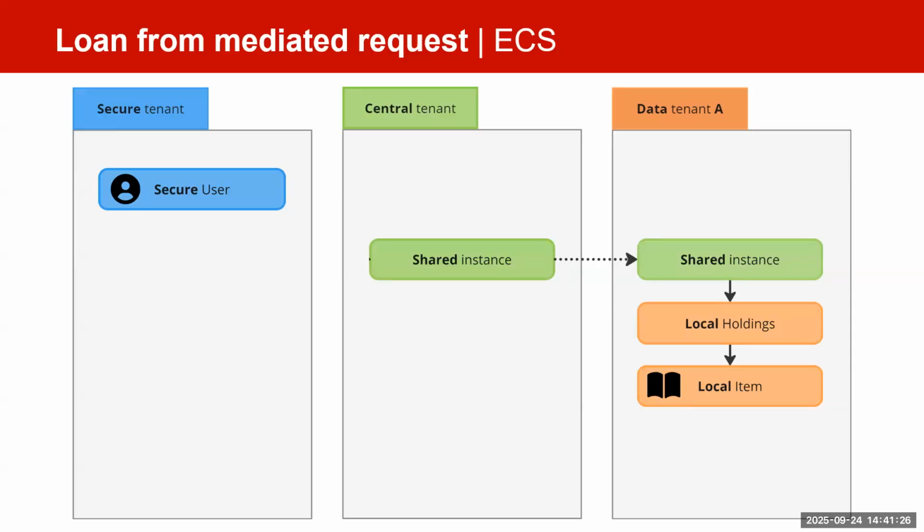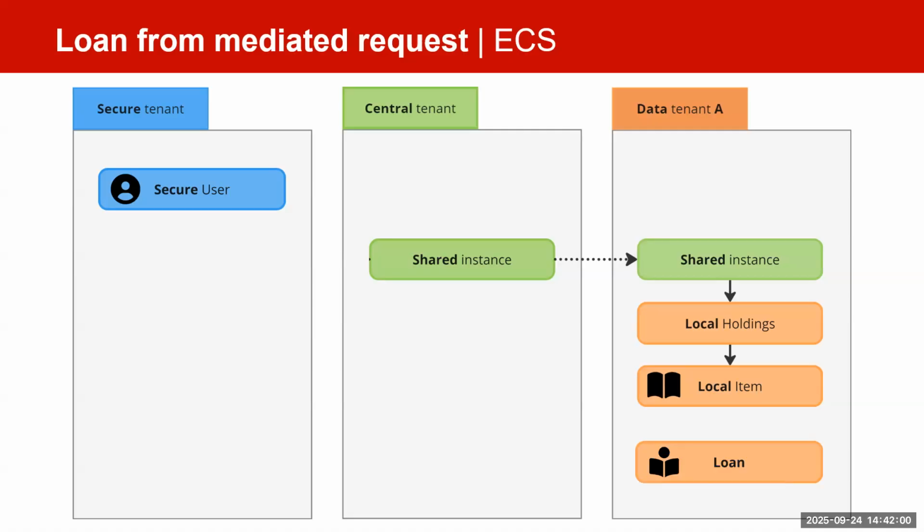However, the way that it is set up, there is an instance from the central tenant that is shared with all of the other members in that ECS. And so what happens in this case, there is a member or a data tenant on the right here that has the holdings and the items record that is of interest and that somebody could do a mediated request for that would then in turn generate a loan when you get to that point in the workflow.